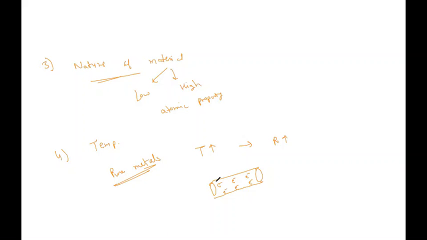They'll start moving faster. That means the collisions will also increase. So you're saying that if you increase the temperature, they start moving faster, and moving faster means they collide with each other. And if collisions increase, that means resistance increases.